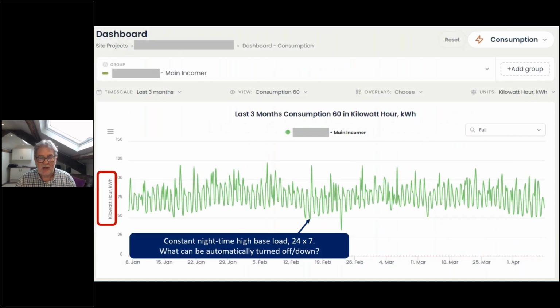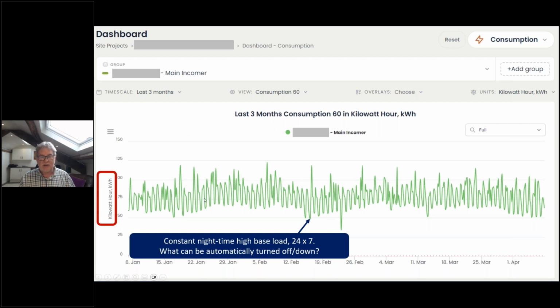Right, let's have a look at some insights out of an energy monitoring platform. In this instance, it's ours. So one insight here, this is just looking at kilowatt hours, looking at it over a 60-minute basis, just kilowatt hours per minute, and there's 3 months that you can change these timescales to reflect how much data you've got in a can.